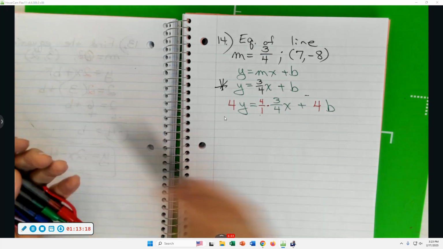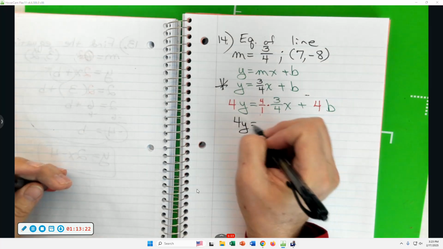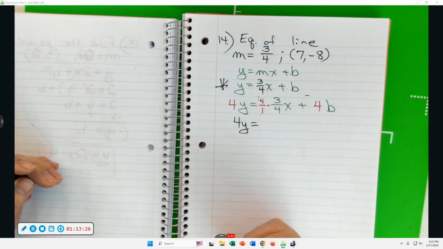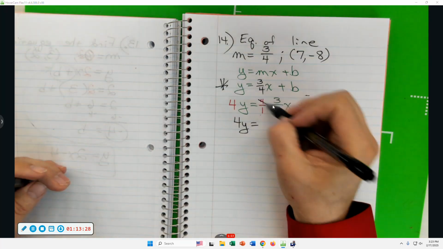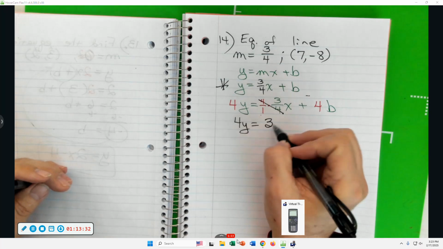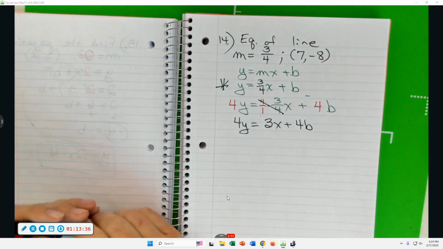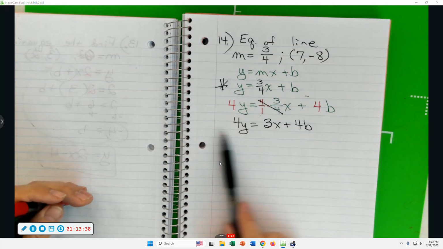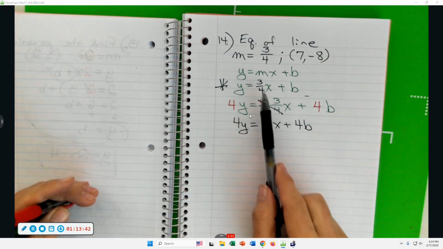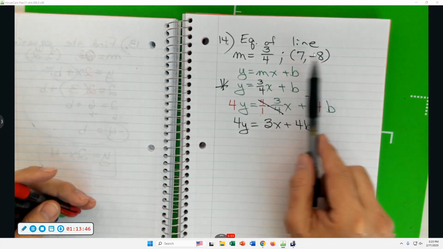So we have 4y is equal to, and the 4's cancel out. 3 divided by 1, that's just a 3x plus 4b. I think this equation will be easier to substitute into. I got rid of the fractions just to make the substitution part easier.